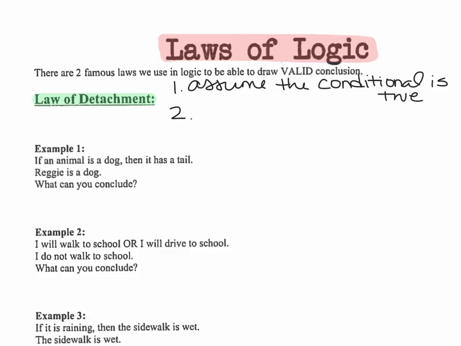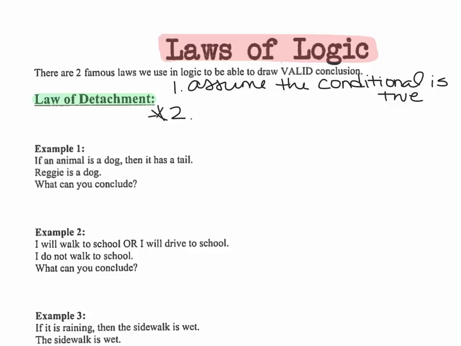We have to assume no matter what the conditional statement is, we're assuming it's true no matter what. Yes, I know you can probably argue. However, we're always assuming it's true.